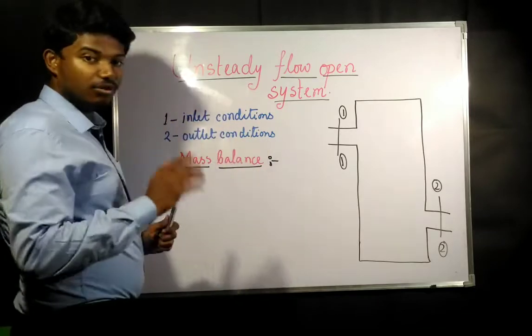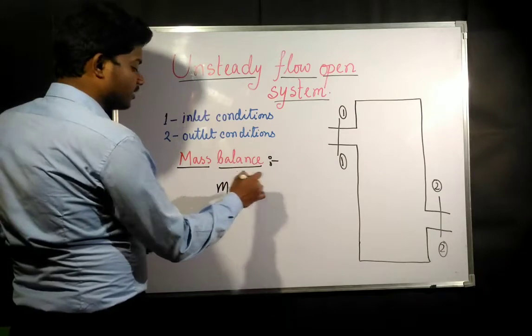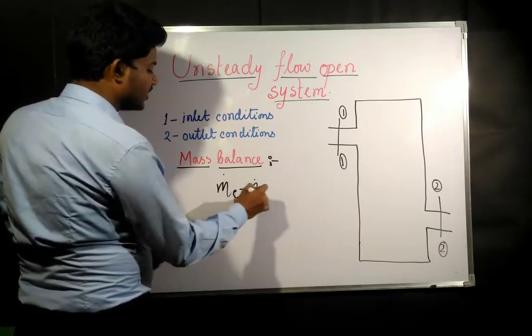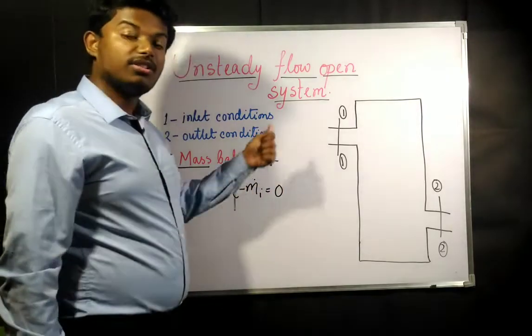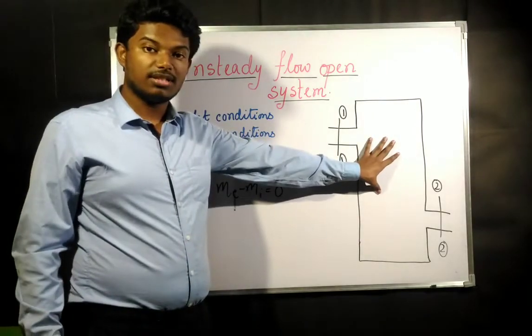In case of steady flow, you might remember that mass flow rate at exit minus mass flow rate at inlet was 0, because that was steady flow, and according to steady flow the mass accumulation was 0.